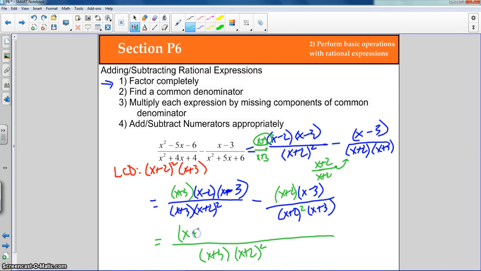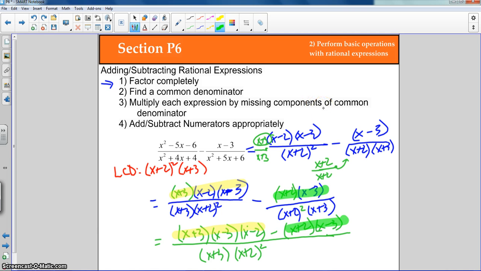But this one, you end up with a cubic, a third degree polynomial, which isn't going to be too bad, but I'm not going to spend time going through that algebra. So in this case, what I did is I just left it as this whole thing minus this whole thing. I didn't even bother writing it out.